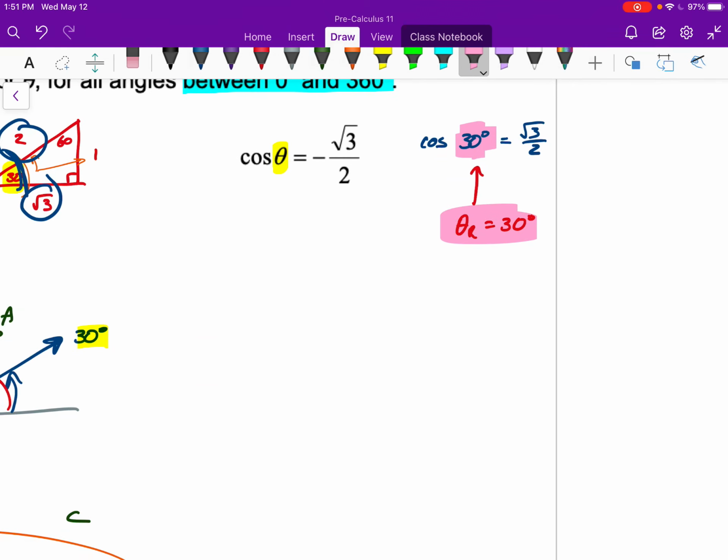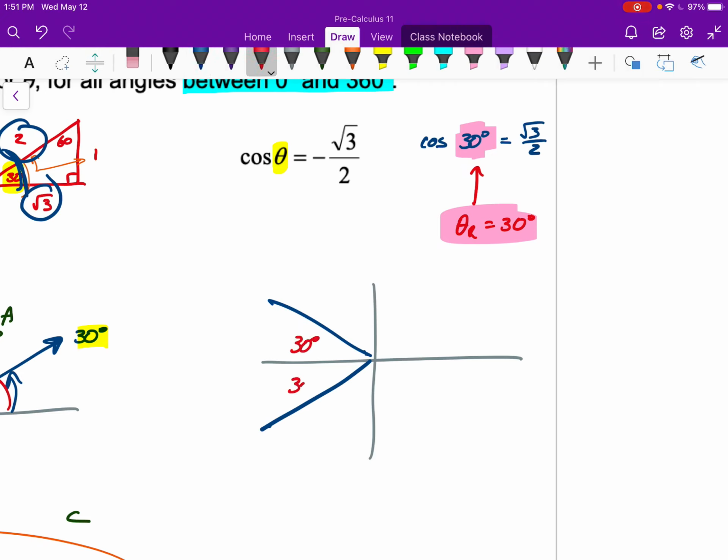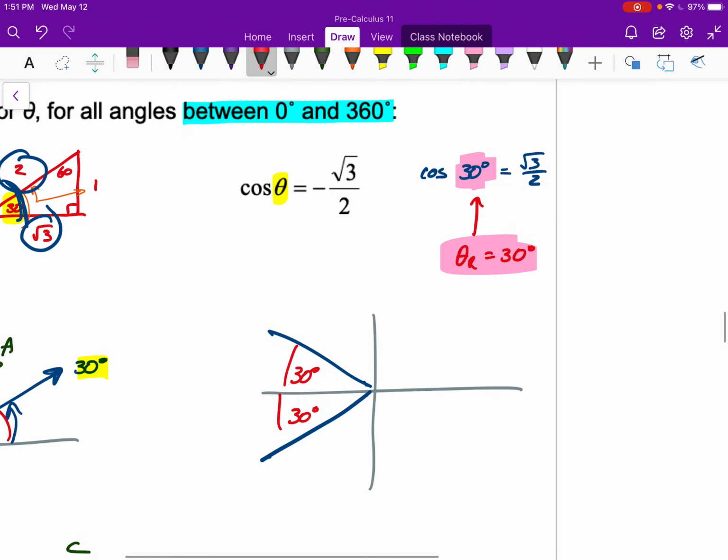That's it. Let's go back to angles in standard position. Let's think about where is cosine negative. Because now all that's left is I know the reference angle. In which quadrants is cosine negative? Cosine is negative in the second quadrant and the third quadrant. And again, I know the reference angle is 30 degrees. And so since I want answers between 0 and 360, I can now see my two solutions.